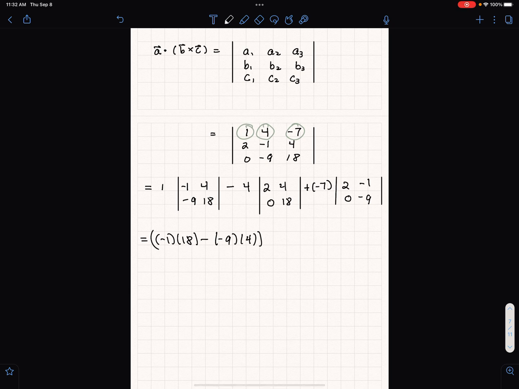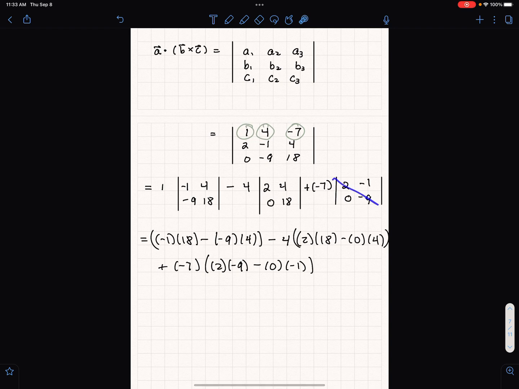Put a big parentheses around that, minus 4, and I multiply across the main diagonal again and get 2 times 18 minus 0 times 4, plus negative 7, and now I have 2 times negative 9 minus 0 times negative 1.